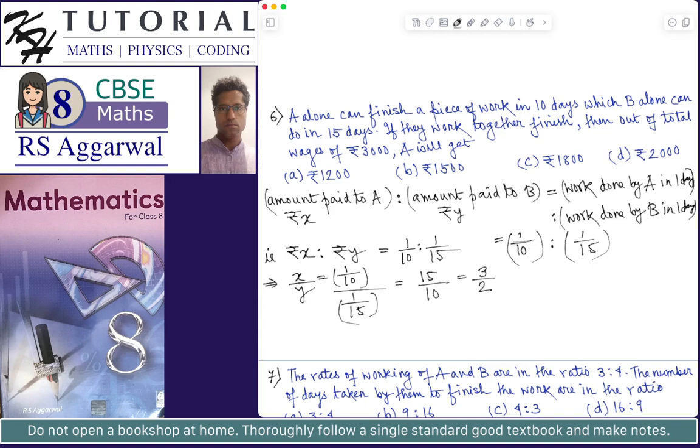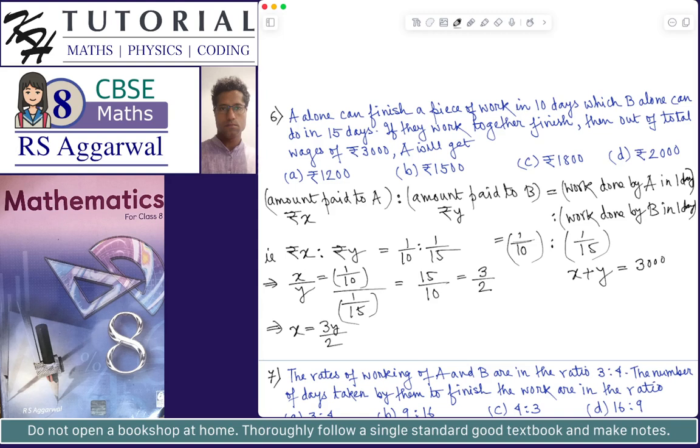So X by Y is equal to 3 by 2, and we also know that X plus Y, the total wage paid to A and B, was 3000. So X plus Y is equal to 3000. Now from X by Y equals 3 by 2, we can say that X is equal to 3Y by 2.